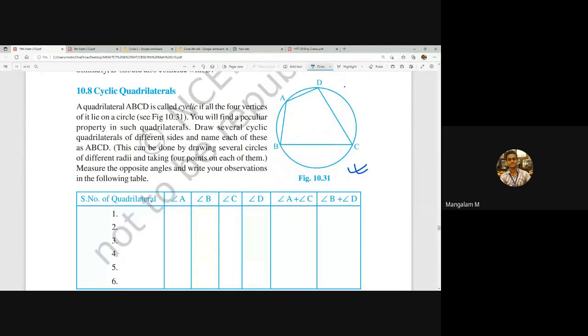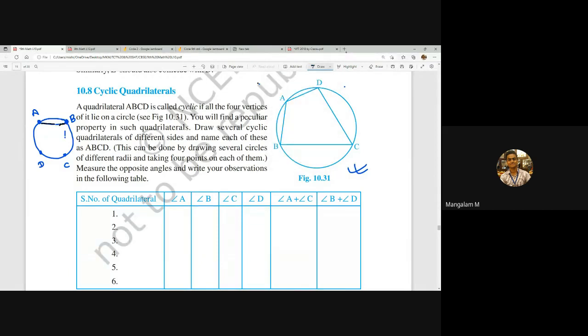So basically, we have learned in cyclic quadrilateral that, let us suppose this is a circle. Mark 4 points on the circle. Let's say this is A, this is B, this is C, and this is D, right? If you join these 4 points, then you will get a closed figure.